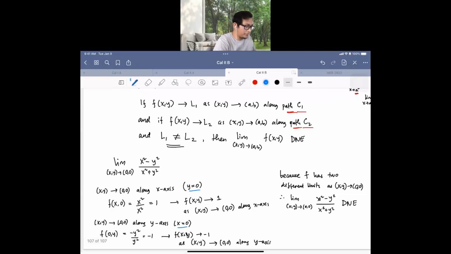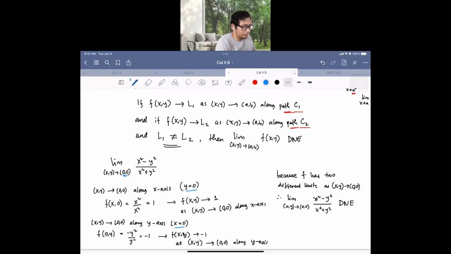So whenever you have (0, 0) like this, perhaps you need to set one variable to 0 and check the result. The other curve that is usually easy to observe is y equals x. If you check along y equals x, it's also easy to evaluate. Okay.